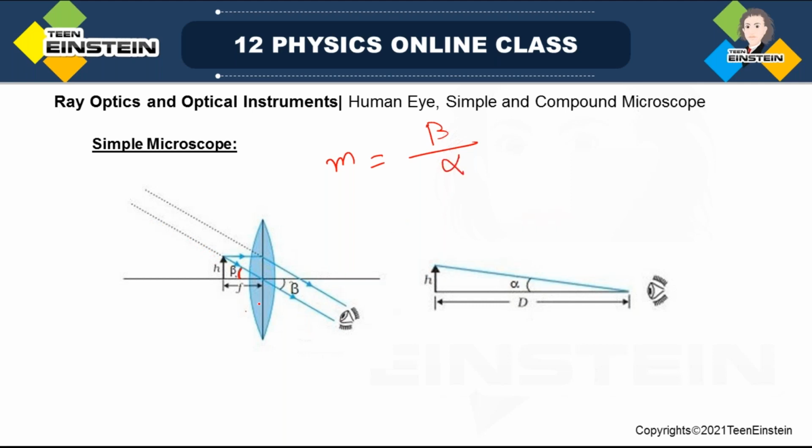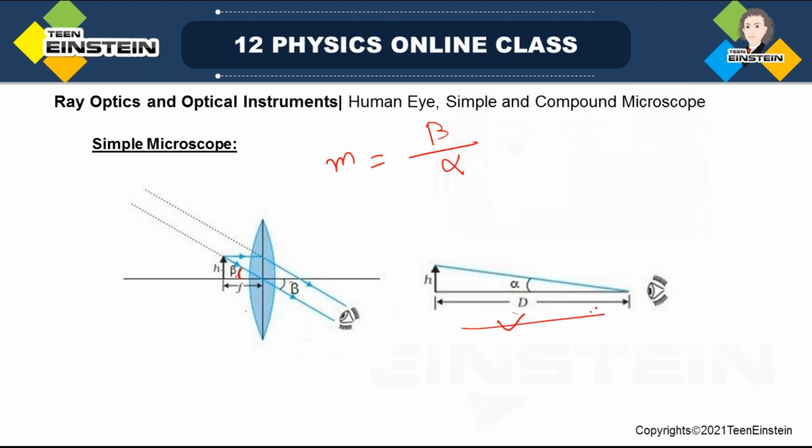And alpha, what is alpha? Suppose the object is kept at the distance of distinct vision. So magnification is defined as the ratio of the angle formed by the image at the eye to the angle formed by the object at the eye when the object is situated at the least distance of distinct vision, not at f.